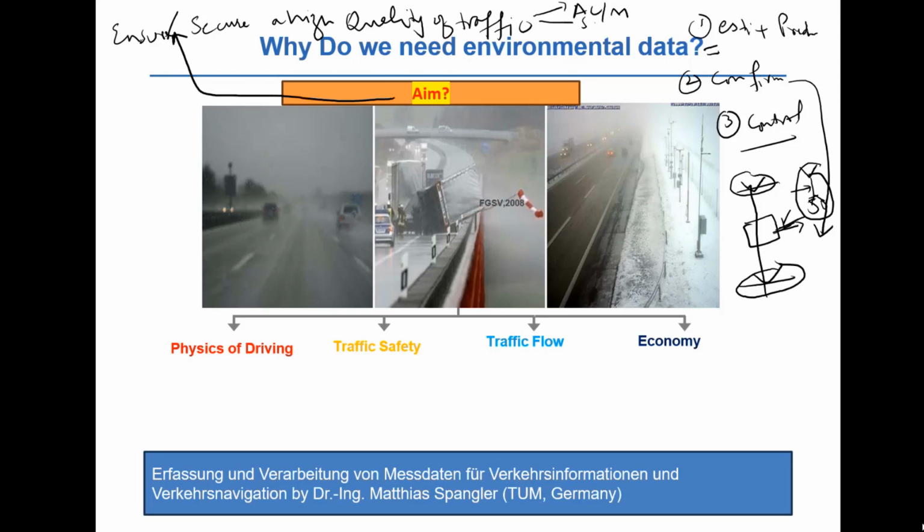So we are trying to understand those four phenomena which are directly connected with visibility or smoke. The first one is the physics of driving. Whenever we have poor visibility, what will happen? The traction between road and vehicle will be affected.